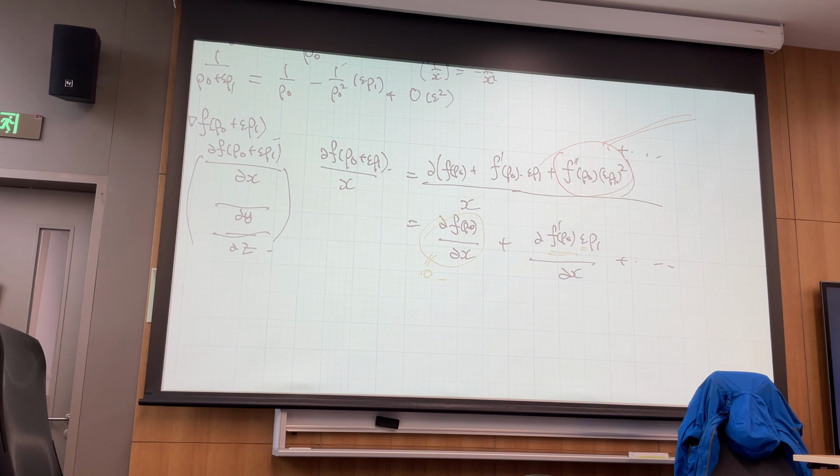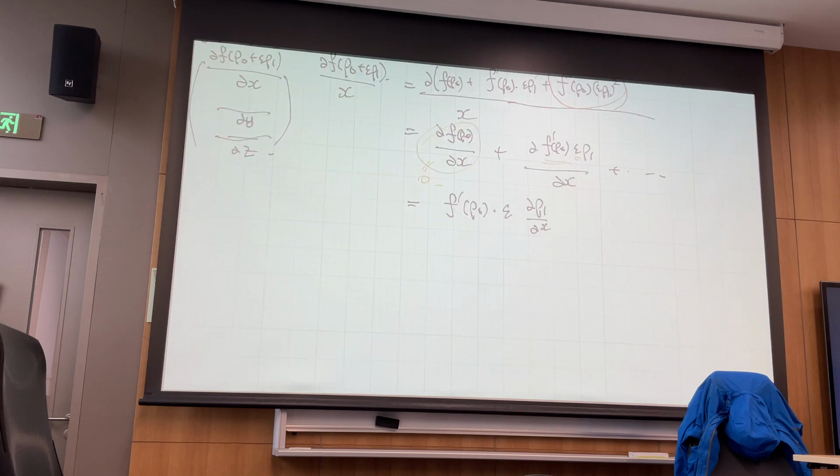Both can come out, so we finally obtain f prime rho 0 multiplied by epsilon and partial rho 1 over partial x. So far so good.